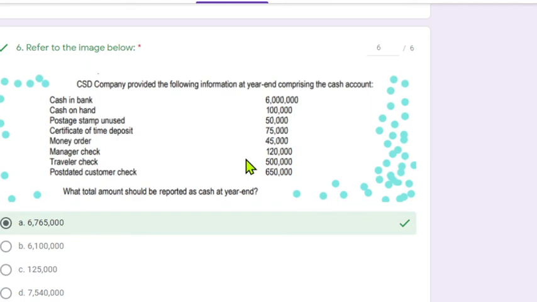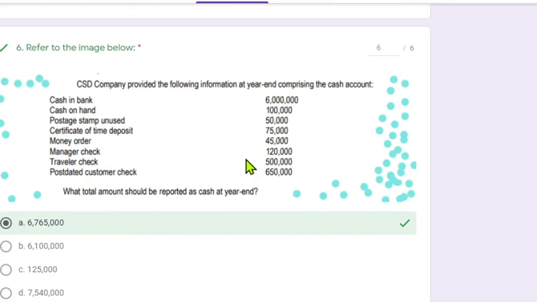Yung mga classifications ng check na yan ay considered as cash. Good as cash na kasi yan. Parang sinicertify ng bank na once you have decided to encash or withdraw that particular check, okay na yan, cleared na yan automatically, yung manager's and traveler's check. So, kasali yung 120,000 and 500,000.